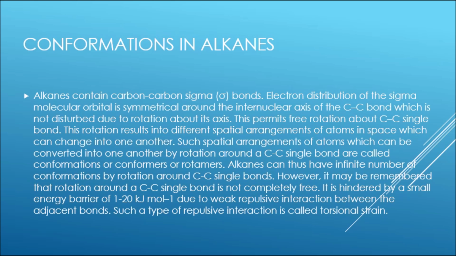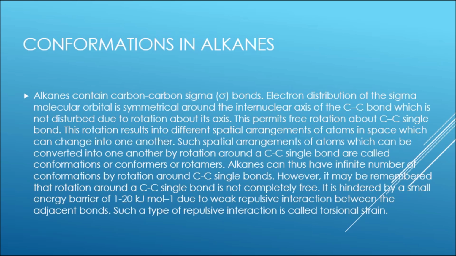Such spatial arrangements of atoms, which can be converted into one another by rotation around a C-C single bond, are called conformations or conformers or rotamers. Alkanes can thus have infinite number of conformations by rotation around C-C single bonds.